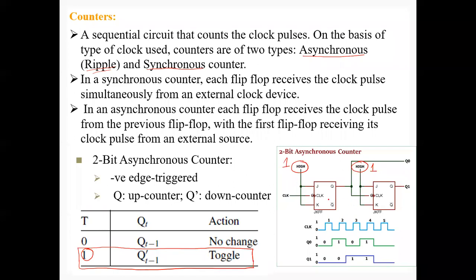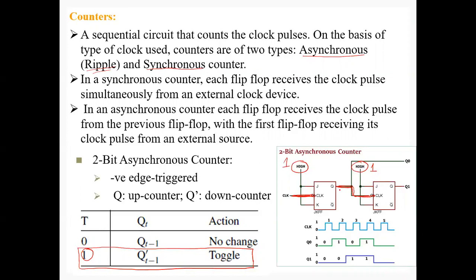So in this case, where is the clock pulse? This is the clock pulse right here. The next clock pulse goes from here. Suppose the clock pulse goes like this at the same time, so it goes here and also at the same time goes here, then that would be synchronous. But in this case, we have the clock pulse here in the first one, then the second clock pulse goes from the first one in tandem, right?